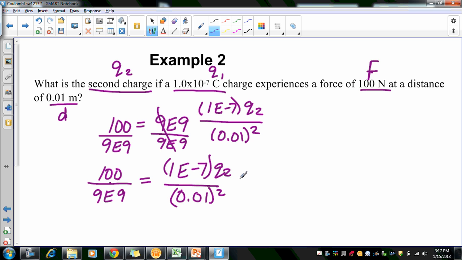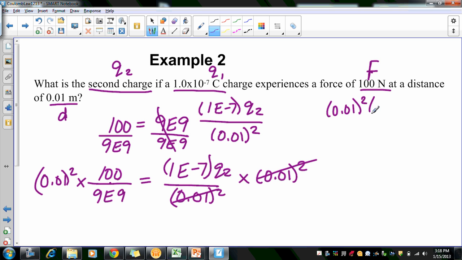So it's this squared, so we're going to times 0.01 squared on both sides. Okay, so that cancels this out. So our next step is that we have 0.01 squared times 100 divided by 9E9. And that is equal to 1E negative 7 times Q2.